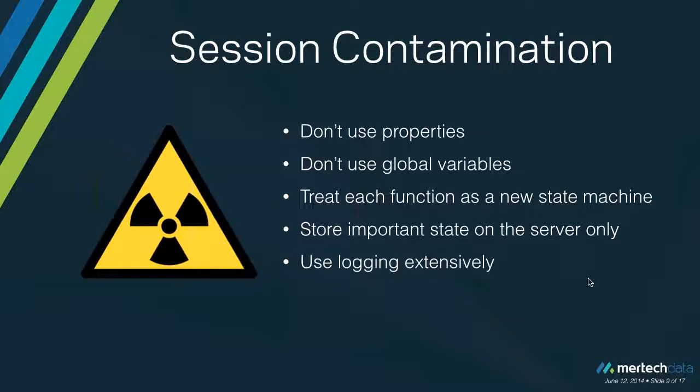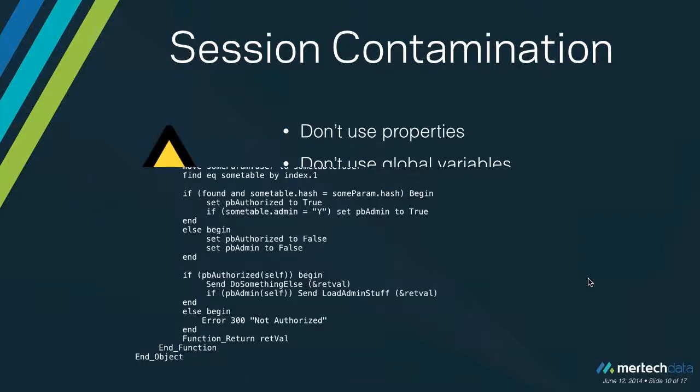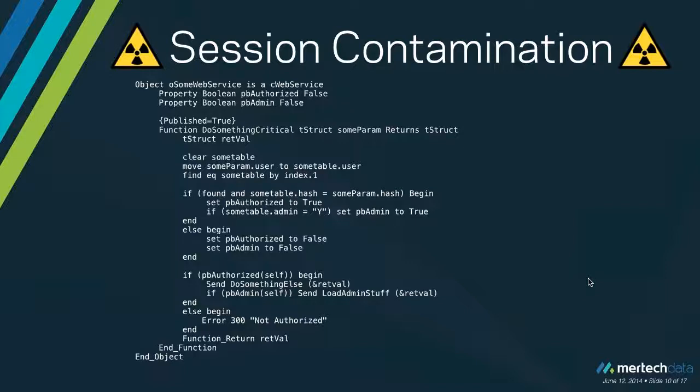But let's take a look at an example. We're actually going to look at some source code here of a function that has a session contamination bug in it. So DoSomethingCritical is our function that we're publishing here. It takes some parameter and returns this struct, whatever.